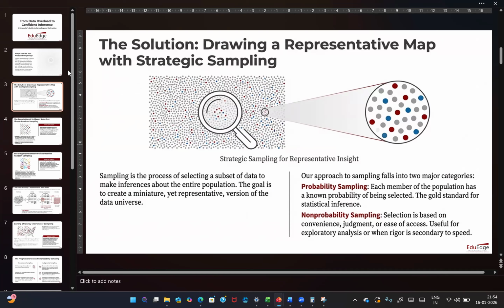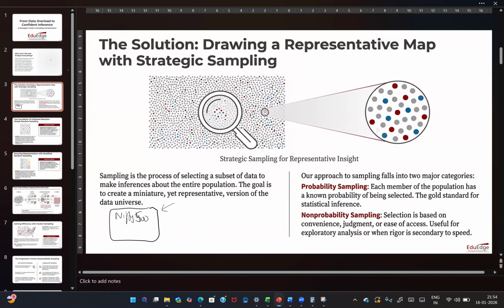So hence there are several ways of sampling a data set. A classic example would be that you have a Nifty 50 or a BSE 500 index. Suppose you're a retail investor and you have 1 lakh rupees, you obviously can't invest in all 500 stocks, right?